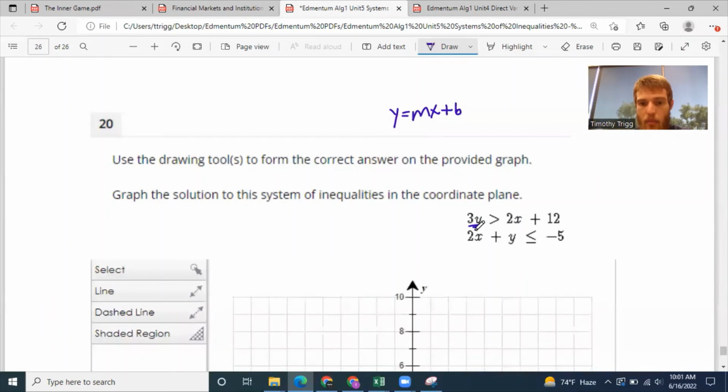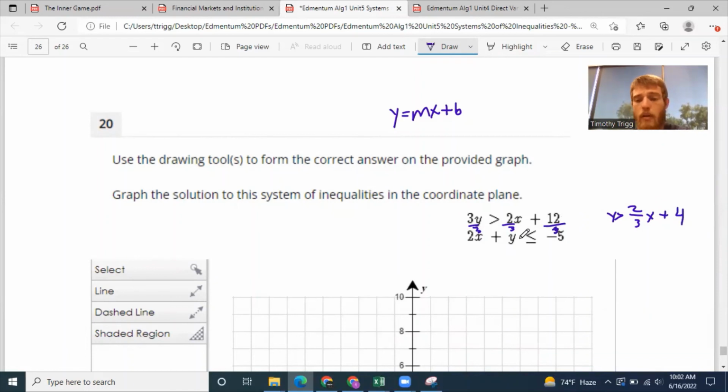Well, I would divide by 3 on both sides of the inequality, giving us that y is greater than 2/3 x. So 2 over 3 doesn't divide nicely, but that's fine. And then plus 12 divided by 3, that does divide nicely. That's 4.